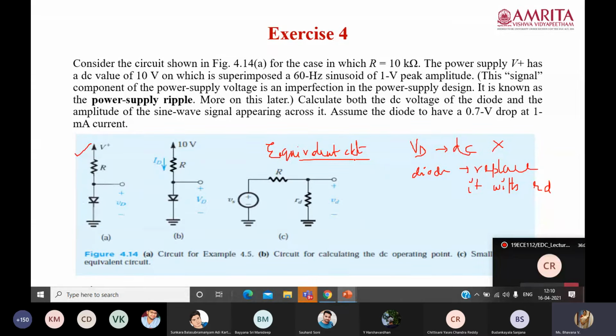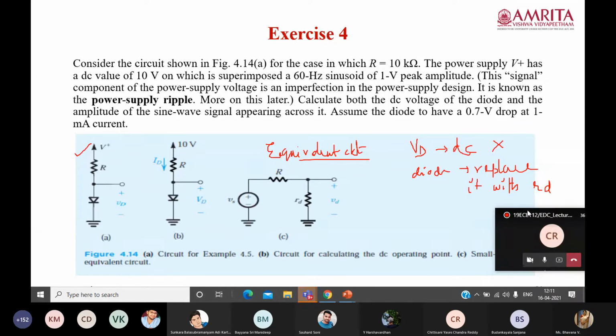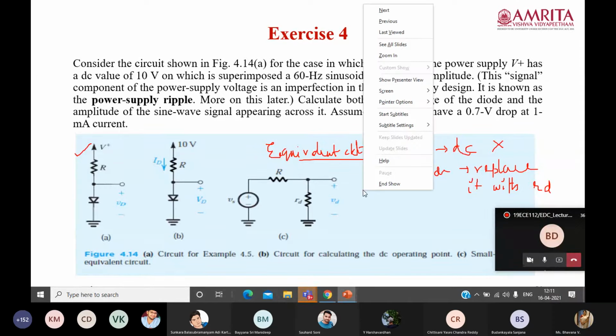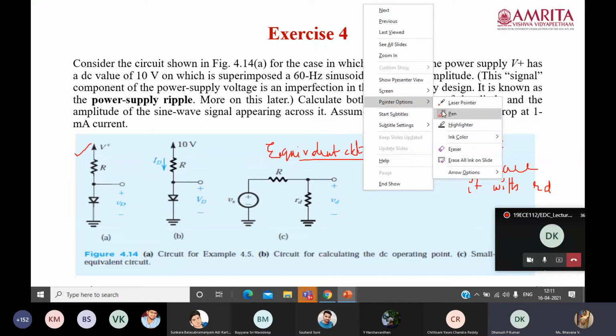We'll be winding up diode models today. If you do it fast, I can complete at 12:35. If you drag it, I have to stay. Have you completed all the 3 diagrams? Yes or no? No, ma'am. Do it fast.